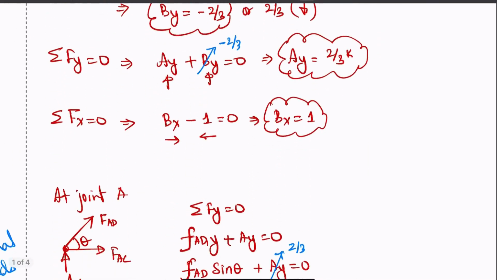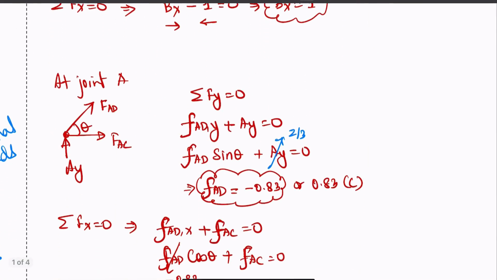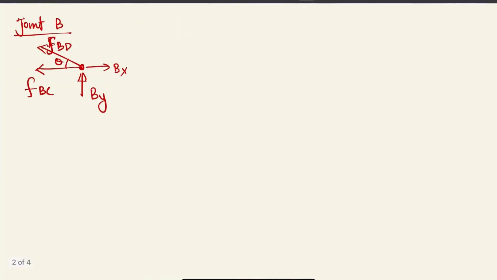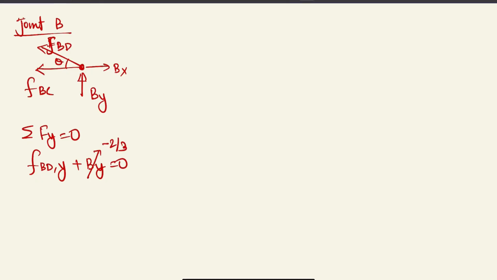So this also will be small f. Okay, so now the summation of Fy equal to 0. So you have the FBD y component plus By equal to 0, and By is minus 2 over 3.